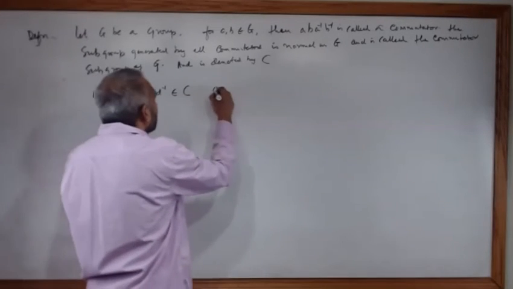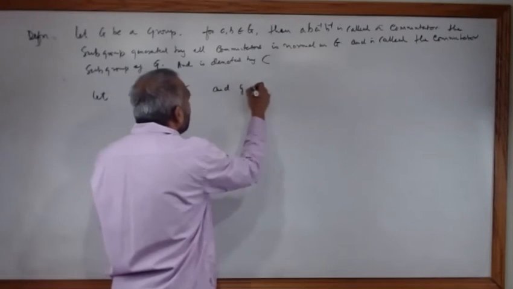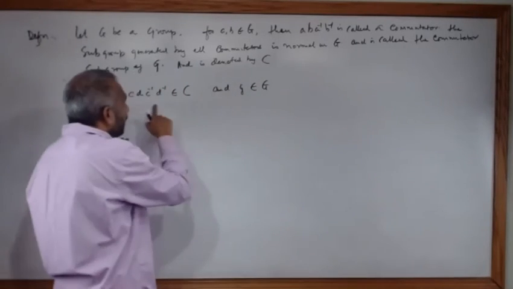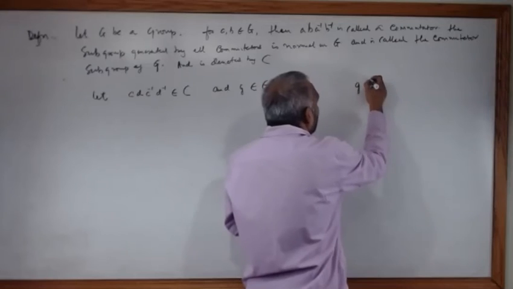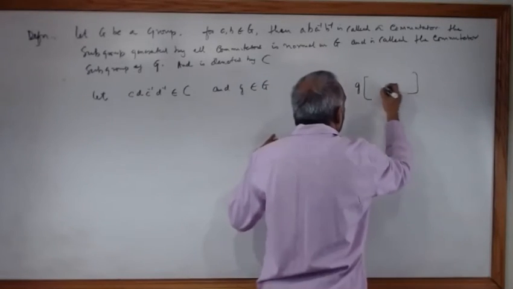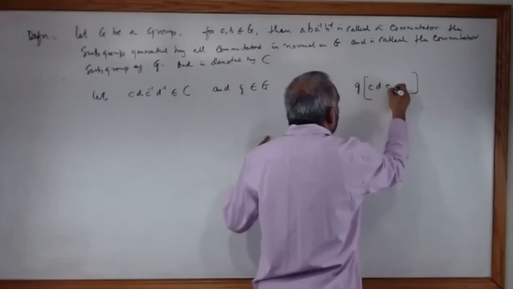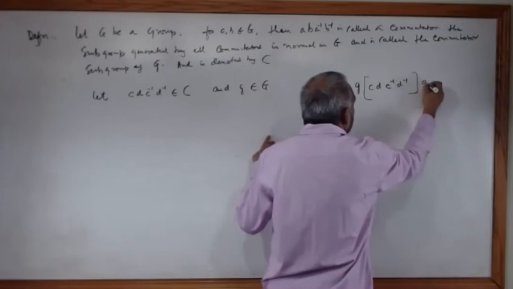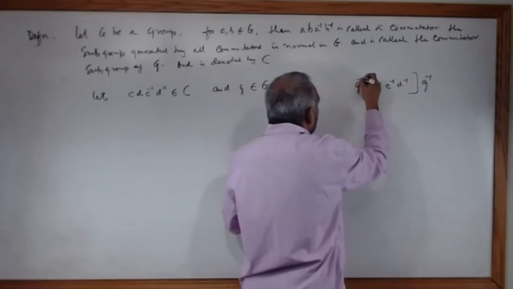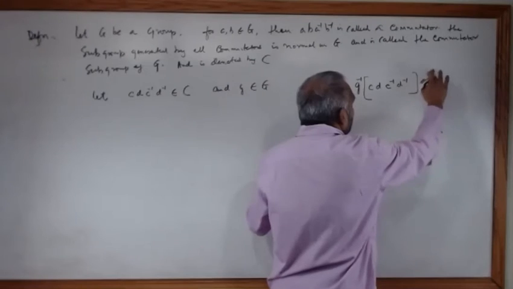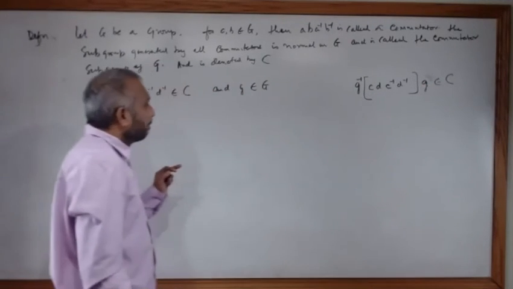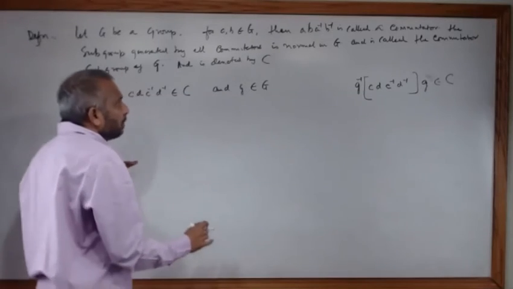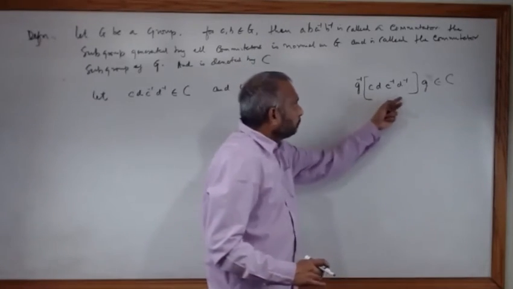And G belongs to G. What we need to prove is G times C D C inverse D inverse times G inverse belongs to C. So we need to calculate this.